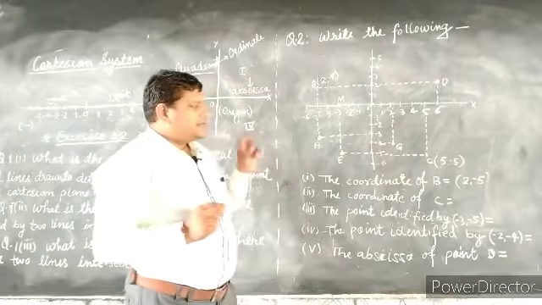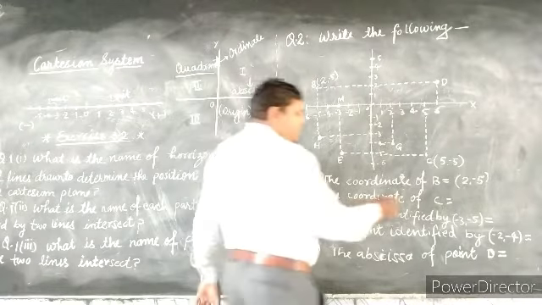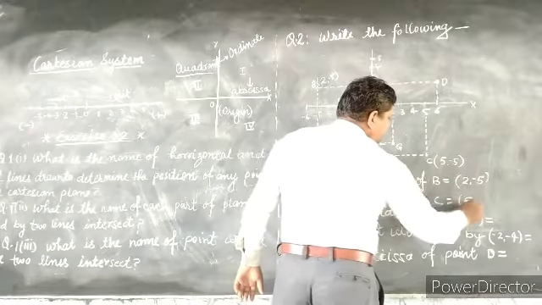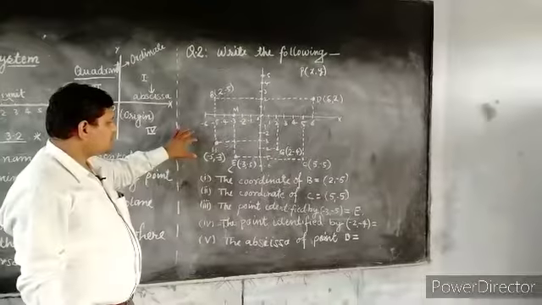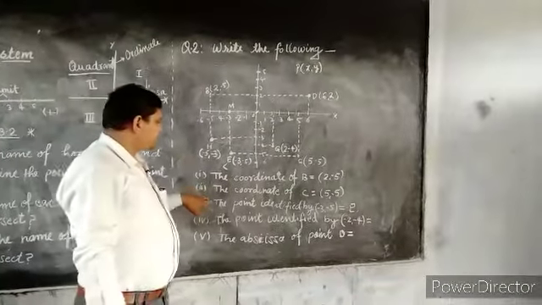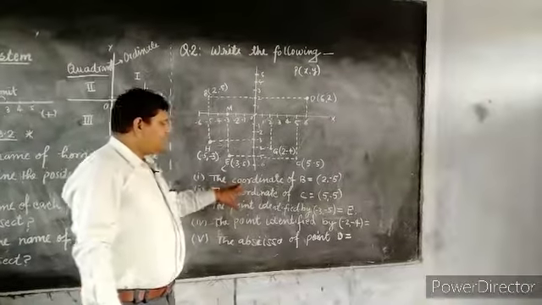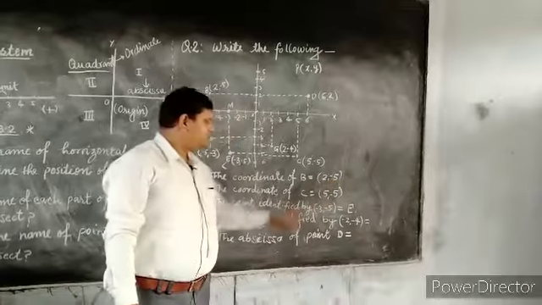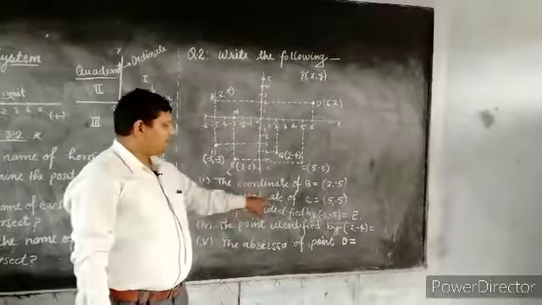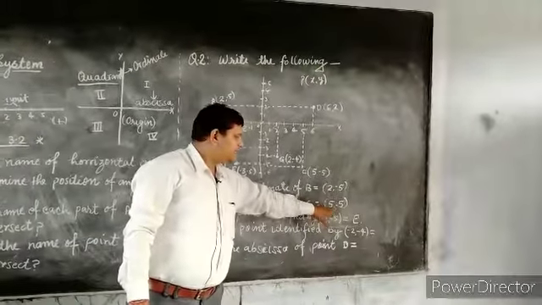So the coordinate of point C is 5, -5. The coordinate of point B is 2, -5, and the coordinate of C is 5, -5.